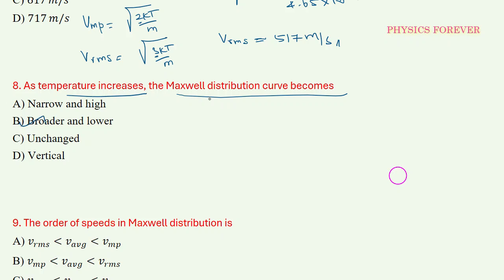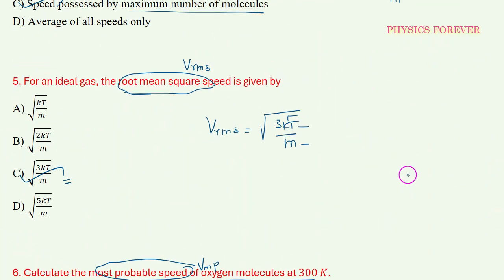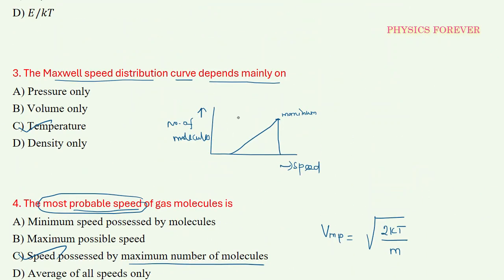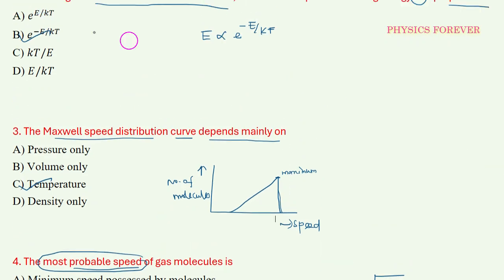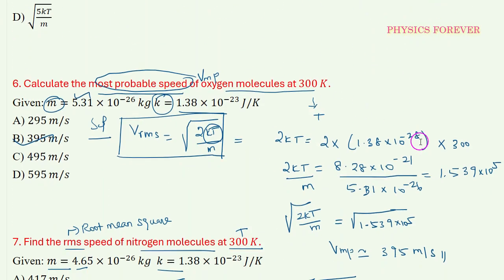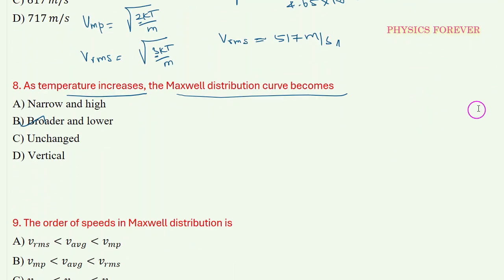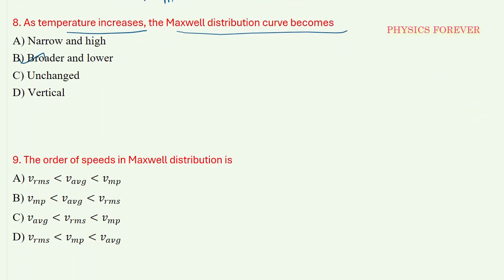First it becomes broader, and it may also become slightly lower. This is one of the most important points.